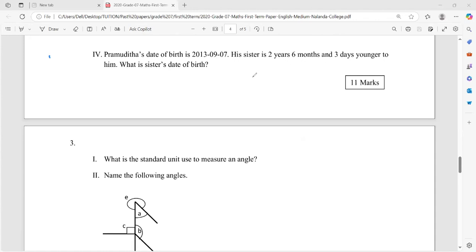Therefore, we have to add this to find the birthday of the sister. Let's take years, months, and dates. This is 2013. Month is 9. This is 7. She's younger by 2 years, 6 months, and 3 days. So you have to add all this.